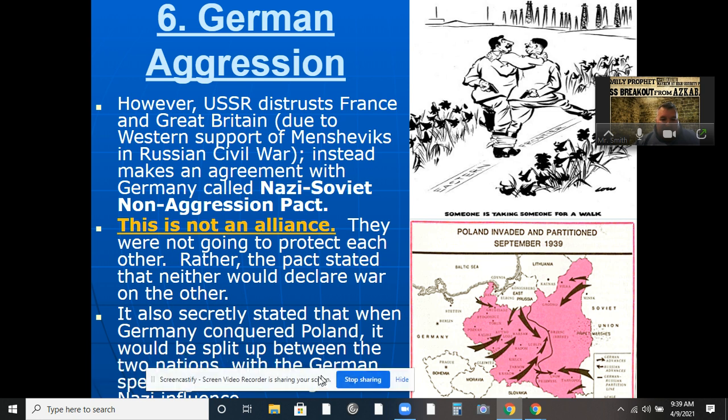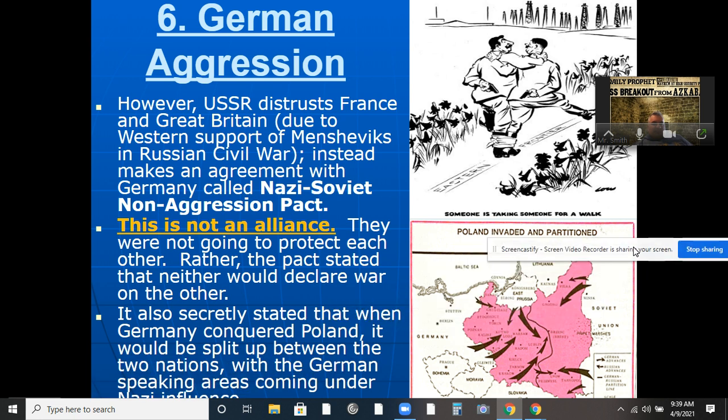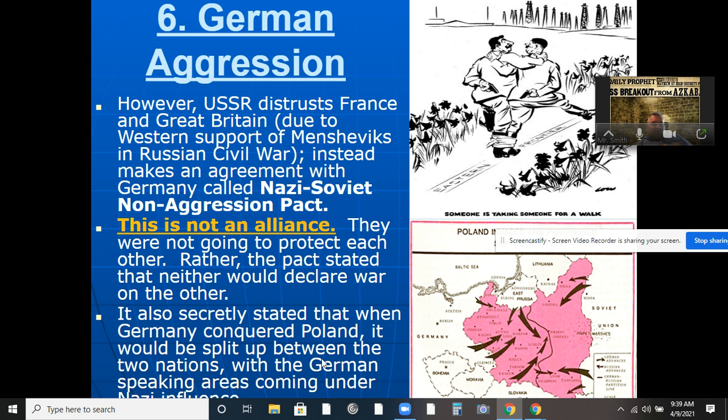Multiple times over the years, Poland was split up, and it was this Nazi-Soviet non-aggression pact that did it. It's not an alliance. They're not saying they're going to protect each other, but it's a pact saying they're not going to declare war on each other either. It also secretly stated that when Germany conquered Poland, it would be split up between the two nations, with the German-speaking areas under the Nazi influence, which meant the West.